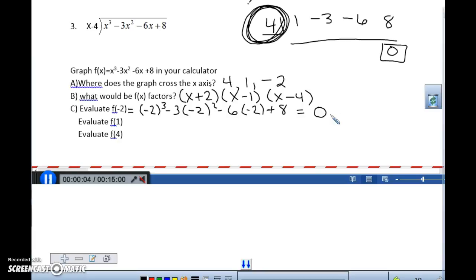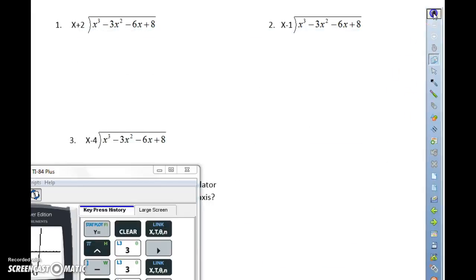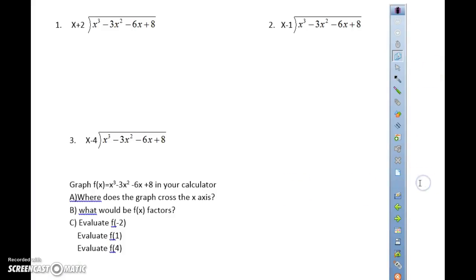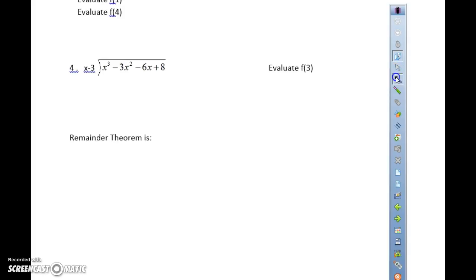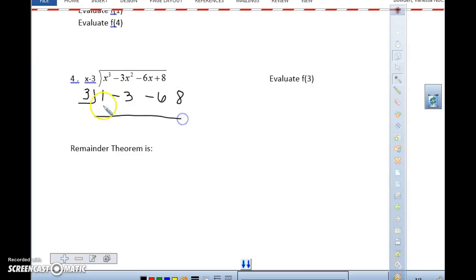Okay, let's look at number 4. Same divisor. Let's see if x minus 3 would divide into it. Let's do this one real quick. So if I divide by 3, 1, negative 3, negative 6, and 8. Let's go through the process one more time. Bring down the first number.